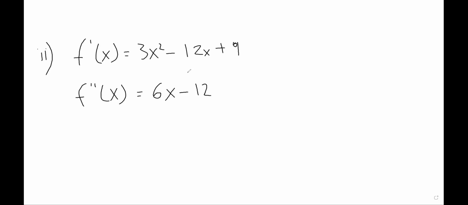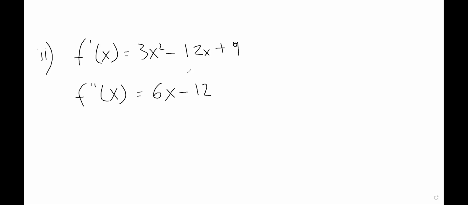So now we've done one part of the question. We're really close to finding our maximum or our minimum, right? I remember that we got our stationary points, right?